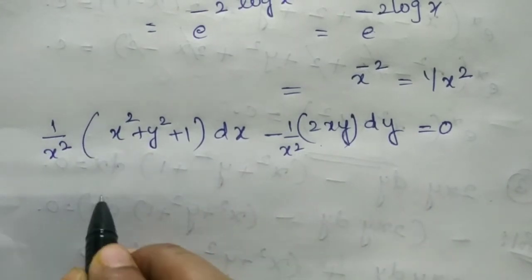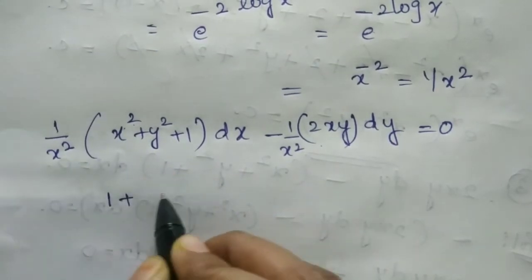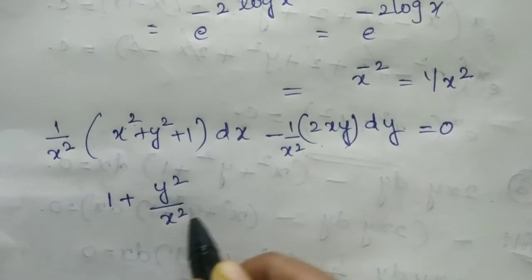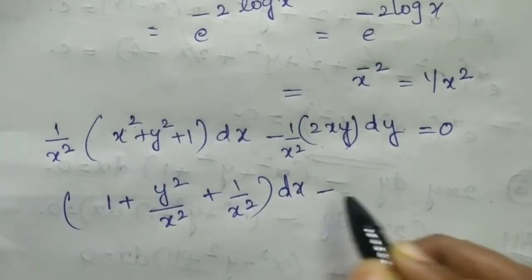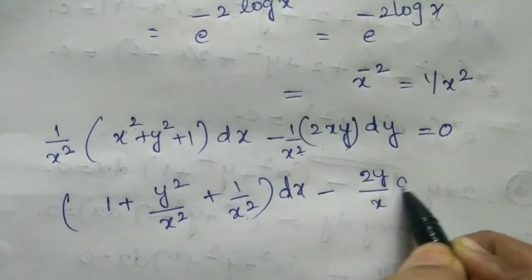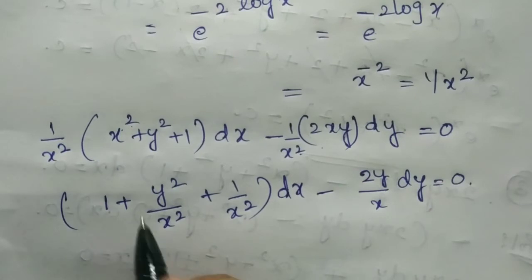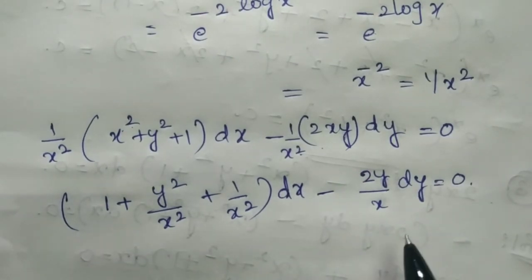So 1 plus y square by x square plus 1 by x square dx minus 2y by x dy equal to 0. So this is m dx plus n dy equal to 0. So this is exact differential equation.